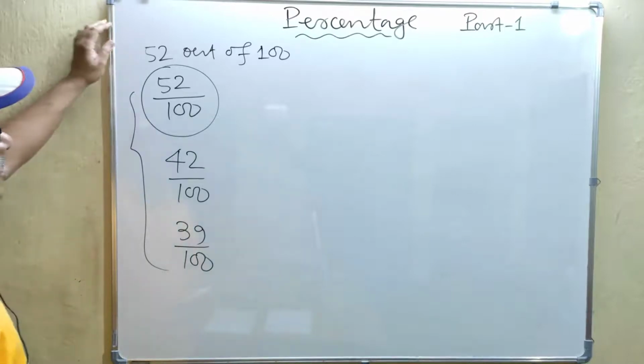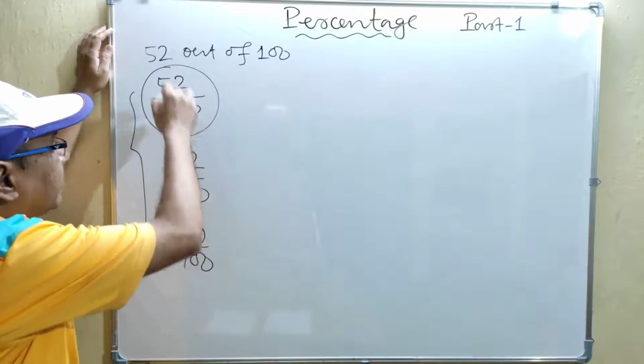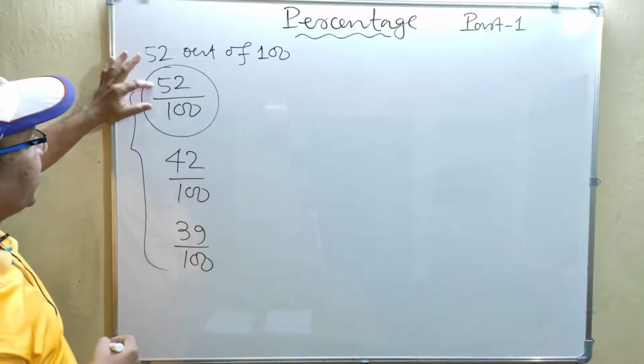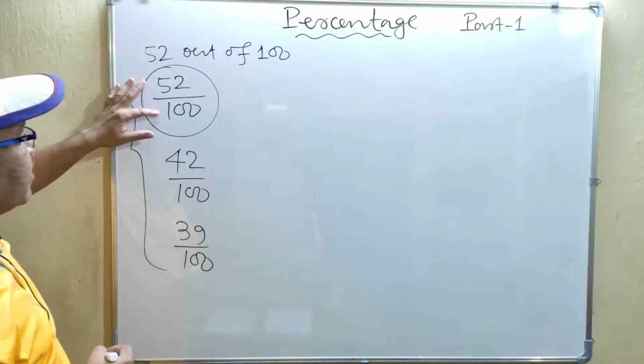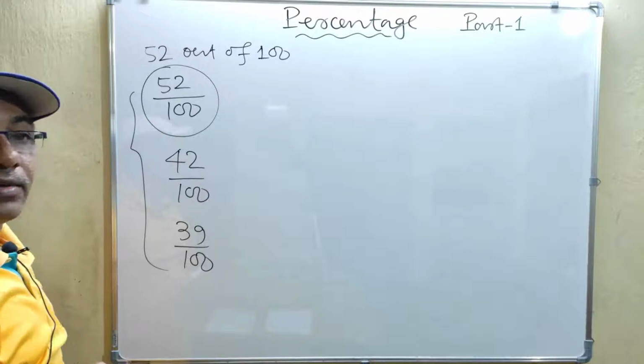52 by 100 is percentage, and this is a fraction 52 by 100. Its numerator, this is called numerator, this is called denominator. 52 is numerator, 100 is denominator.